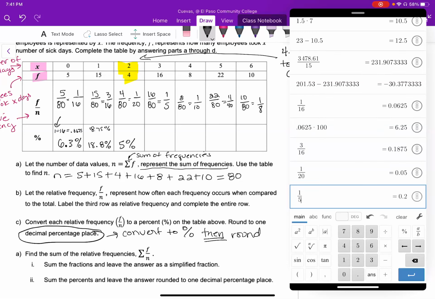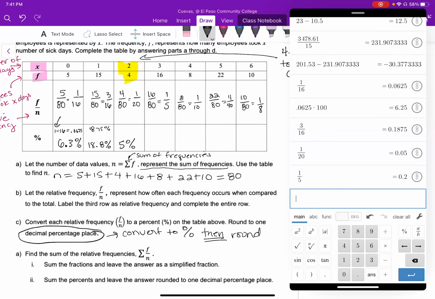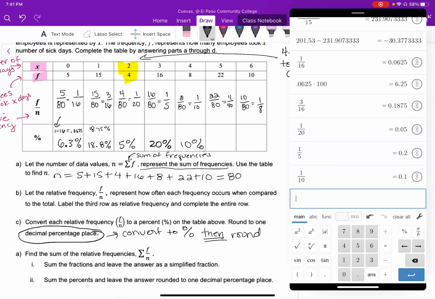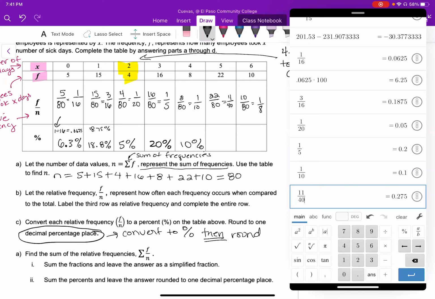1 divided by 5. So we're going to convert to percentage first. That's 20%. No need for rounding. Now 1/10. So this is 0.1. Convert to a percentage first. No need for rounding. 11 over 40. Oh, this one's pretty. So this is where I'm going to remind you.